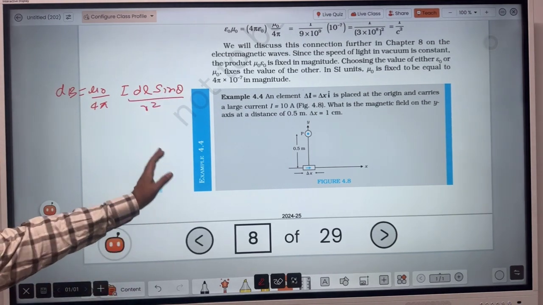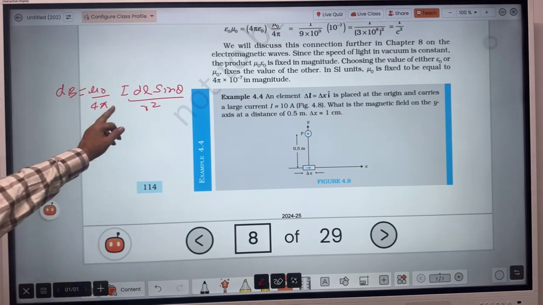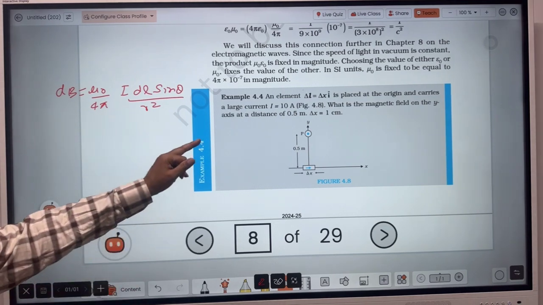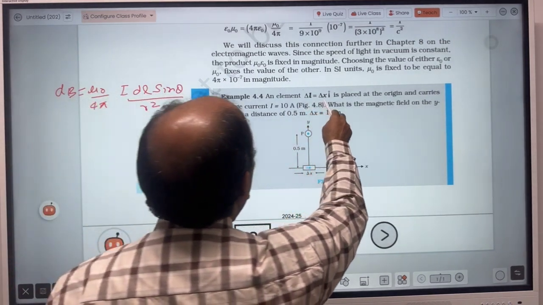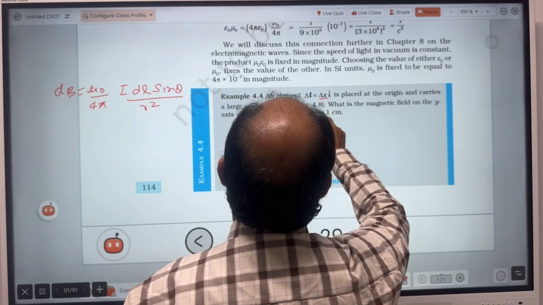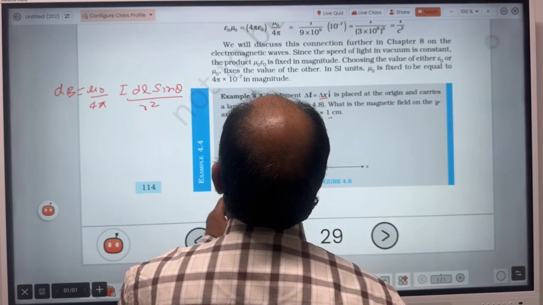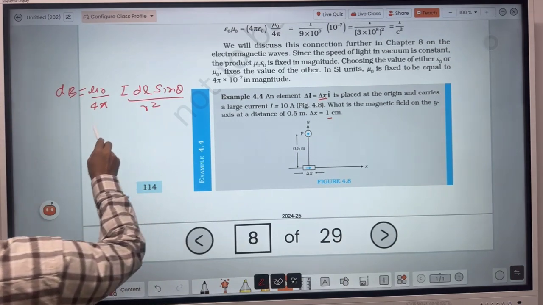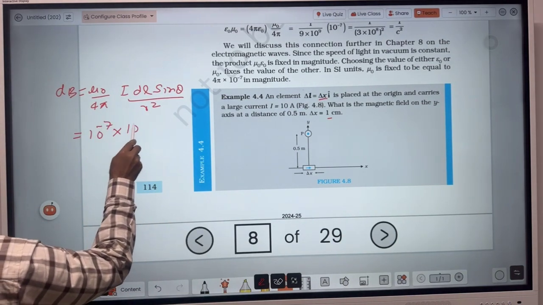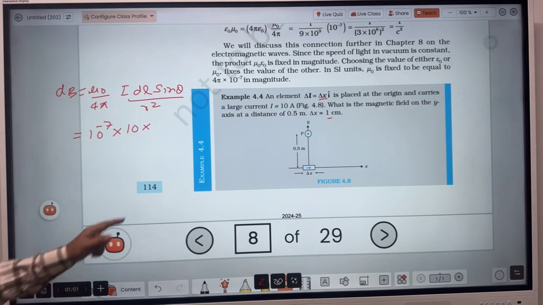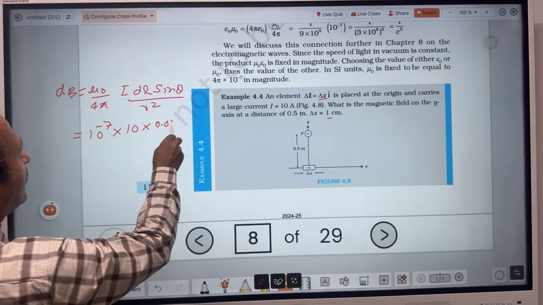So here in our question, information is given: I is 10 ampere and dl will be equal to delta x, and delta x is 1 centimeter. So if we put the values, this is 10 to the power minus 7, I is 10 ampere, dl can be taken as delta x, so 0.01.